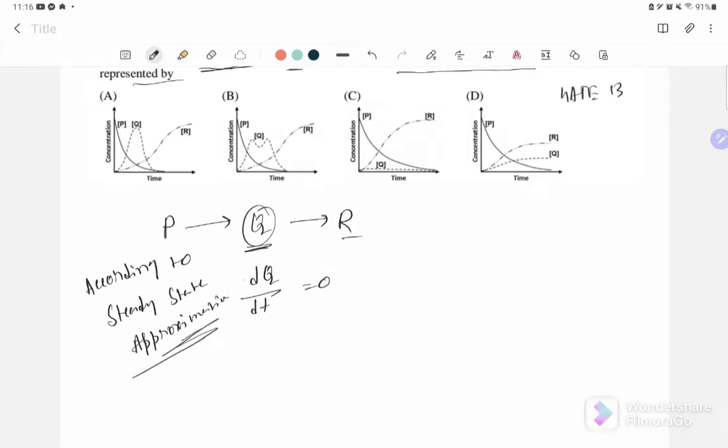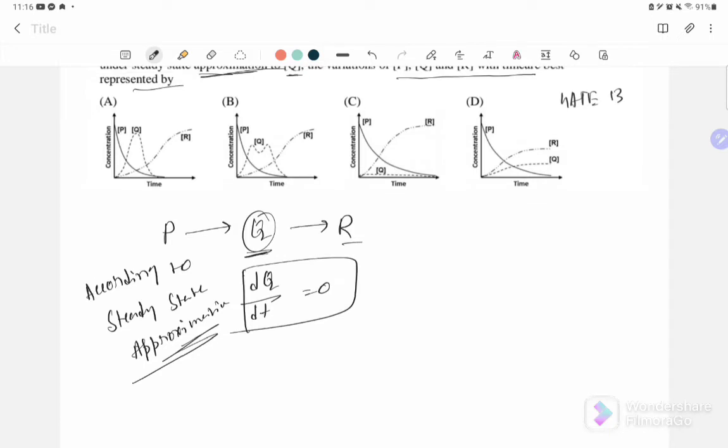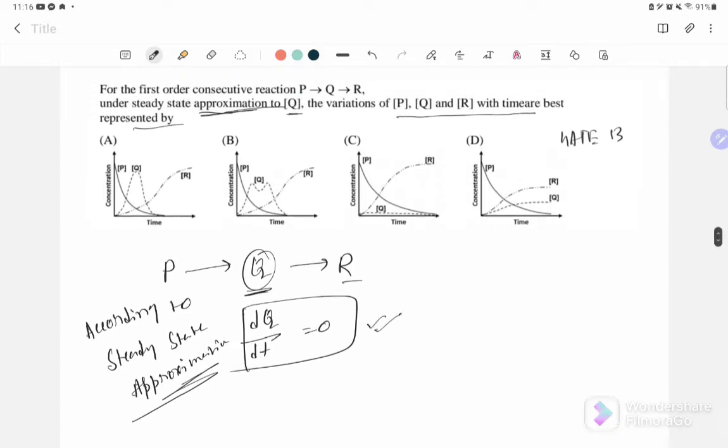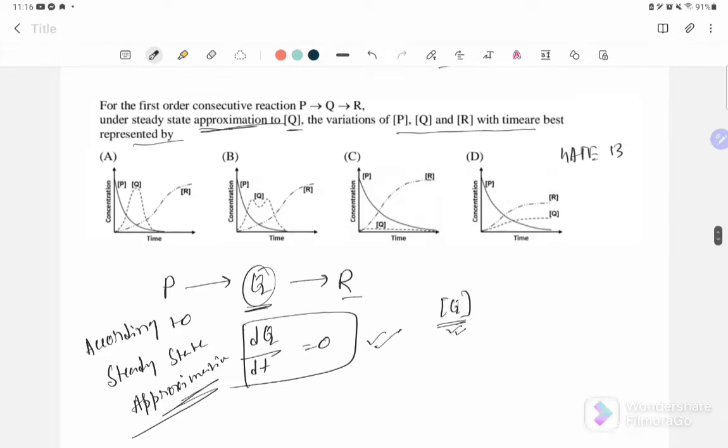dq/dt will be 0. If the rate constant for the reaction P to Q is k1 and Q to R is k2, then the condition is that k2 will be much faster than k1.